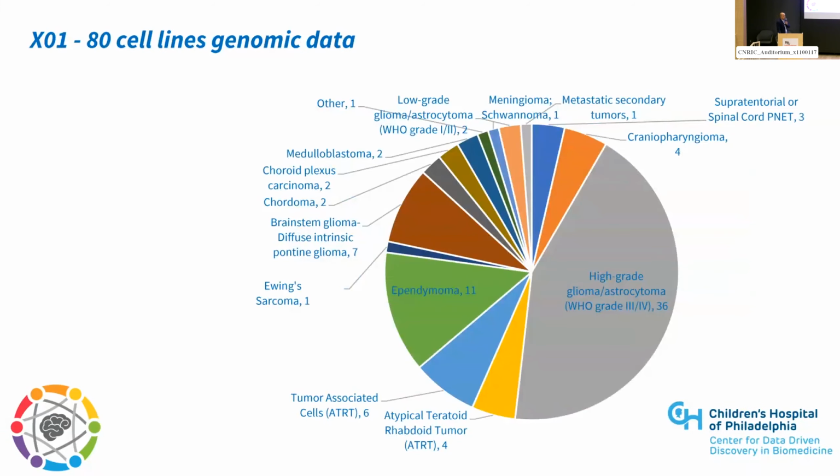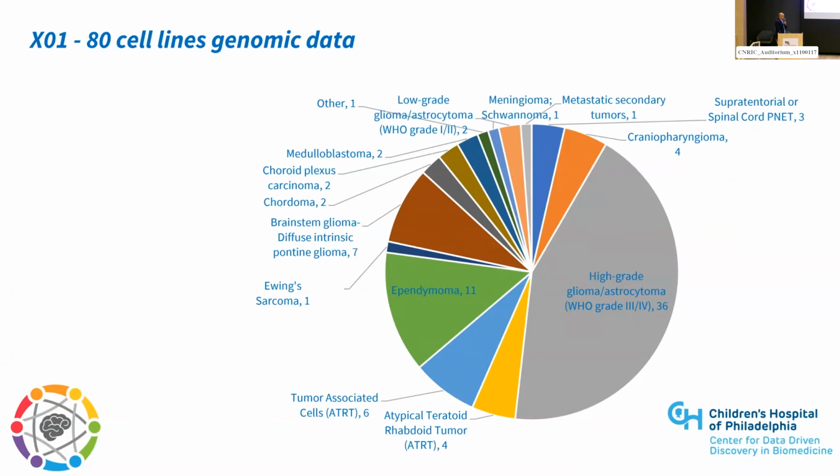So this is where I come back for a moment to EXO-1, because that study actually has 80 cell lines with genomic data coming, soon to be available within PCBio, as well as raw data, obviously, as was mentioned before. Between those, again, we have a majority of high-grade gliomas, some ATRTs, ependymomas, and a few other histologies as well.